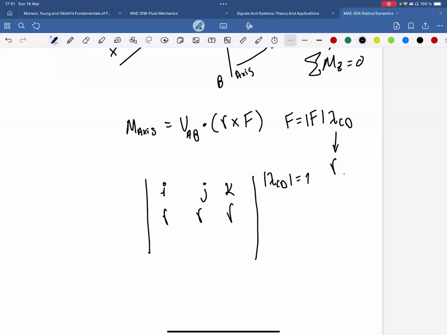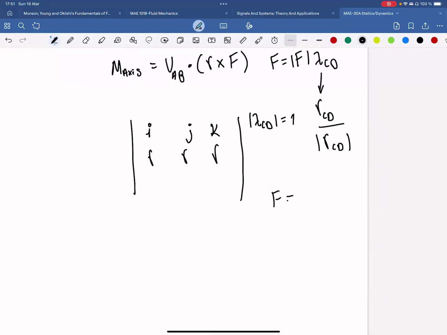So if the position vector is r_CD, you can normalize it with the magnitude of r_CD. Then you have the expression that the vector F, the force, is equal to the magnitude of F times r_CD over the magnitude of r_CD.